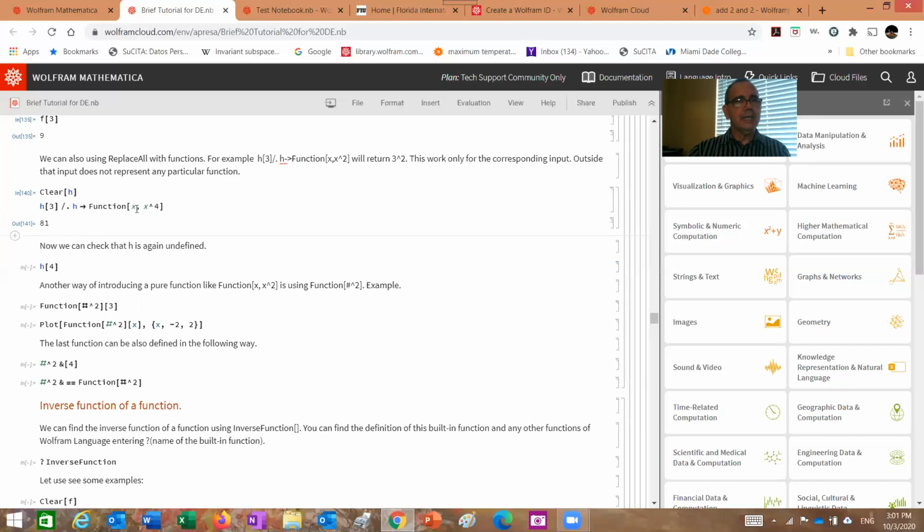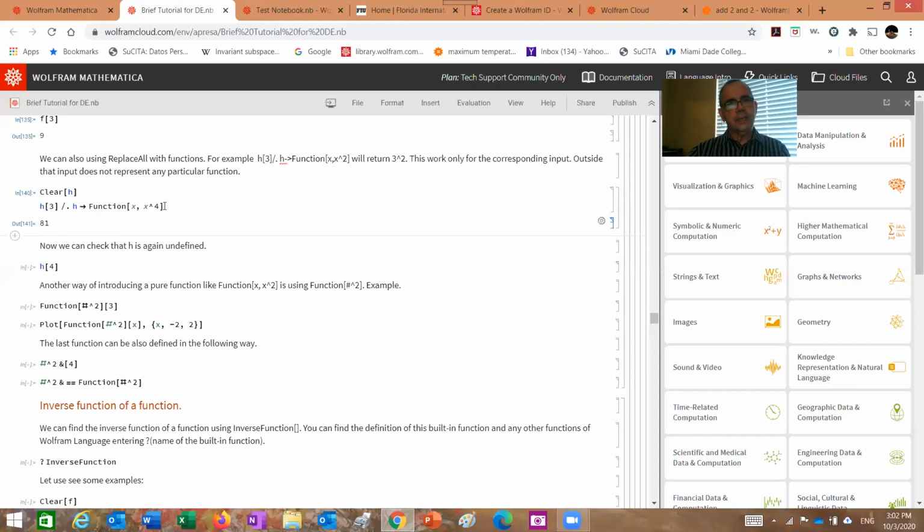After using this assignment rule, where we assign to h a certain function, actually the definition of h doesn't change with that. I'm making a temporary assignment of a certain function to h.